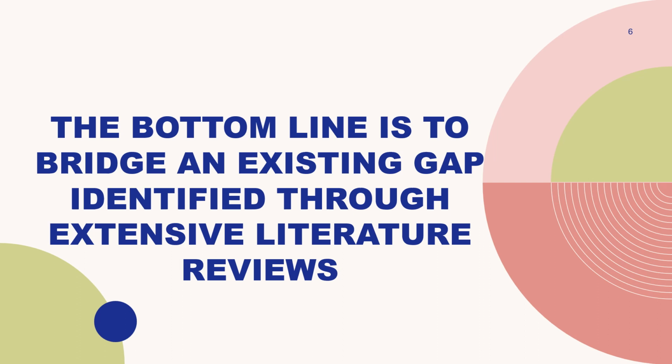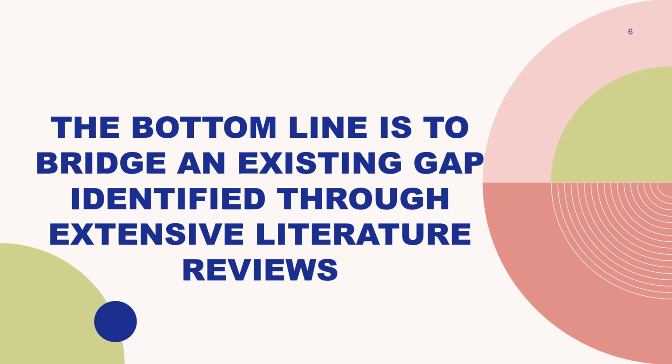So, in summary, of course, we are coming to the end of our topic 2.5 and specifically referring to topic 2 in general. The bottom line, why you need to identify a research and a research problem is to bridge an existing gap.